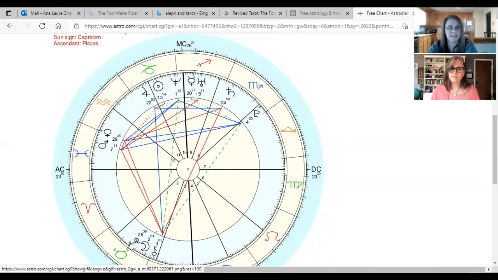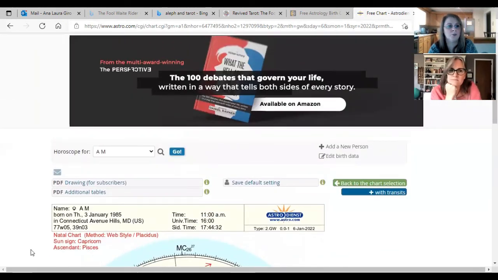But the very basic, to begin with: you put your information and you click natal chart and you'll have the planets, the houses, and the zodiac signs.